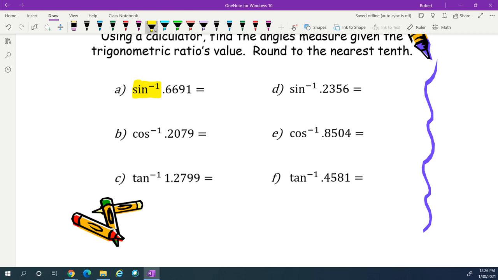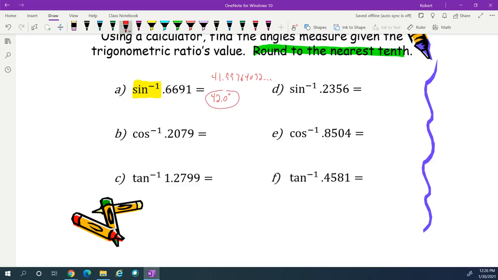Our answer here, when we hit that equal sign, we should get 41.99764032, and it'll keep going depending on the calculator. Our directions say round to the tenth, so I'm going to call this answer 42.0 degrees.